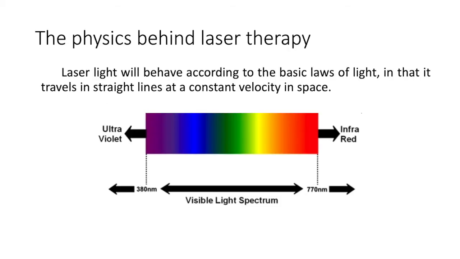But how does laser therapy work? Laser therapy behaves according to the basic laws of light, in which light travels in a straight line at a constant velocity in space. So therefore, laser therapy, in simple yet realistic terms, can be considered a form of light amplifier.